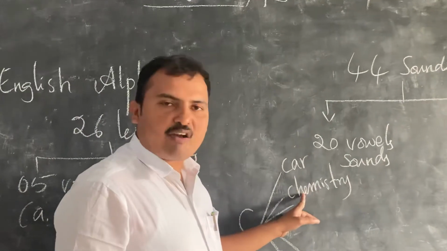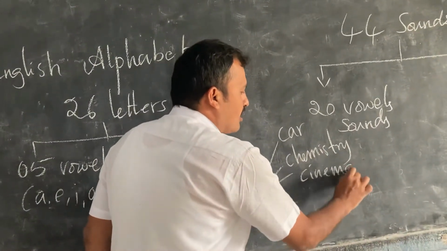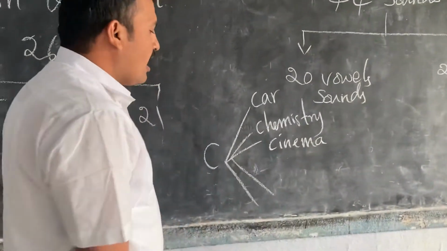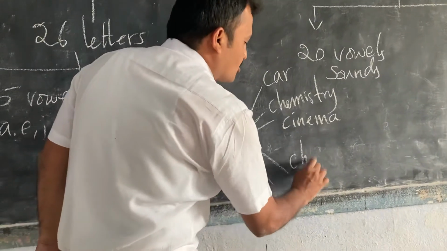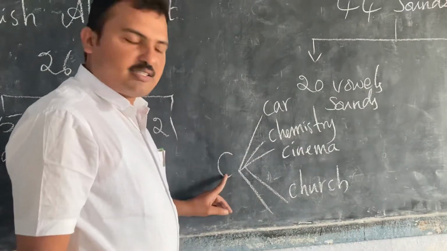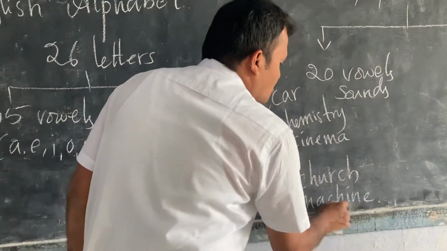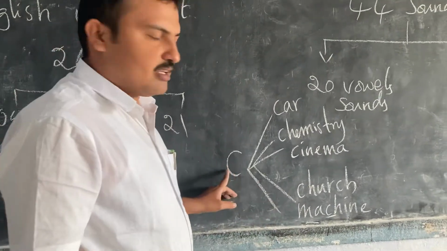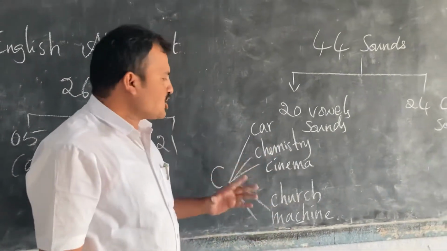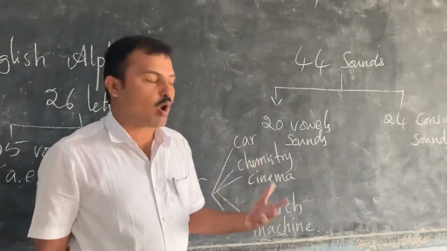For the aspirated ka, we use the same letter C. And cinema: for the sound sa, we use the same letter C. And church: for the sound cha, we use the same letter C. And machine: for the sound sha, we use the same letter C. So it can be understood that in the English language, each letter may represent more than one sound.